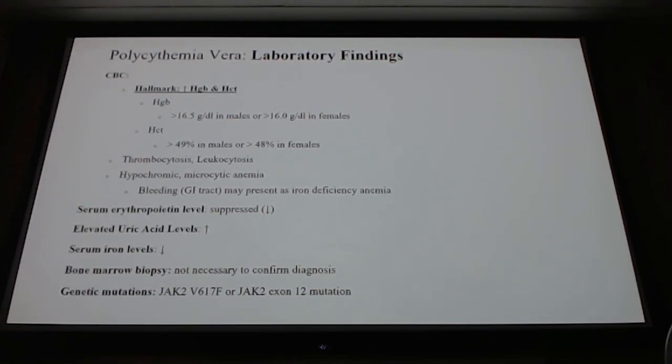The hallmark for this is going to be that all of your cell lines are elevated, right? This is an easy one, like DIC, everything's going to be elevated. So you're going to have elevated hemoglobin and hematocrit, elevated platelets, elevated white blood cells, and then iron deficiency anemia, right?